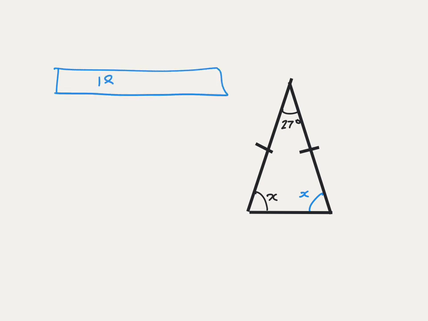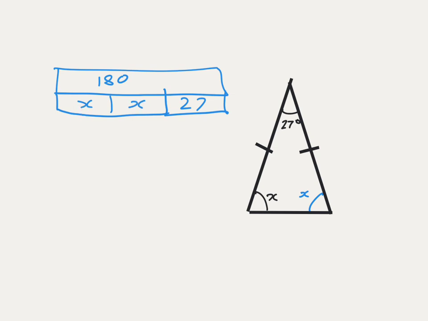So I've got 180 degrees. I know that one of my angles is 27, and I know that the other two are x. But I know that both the x's are the same.